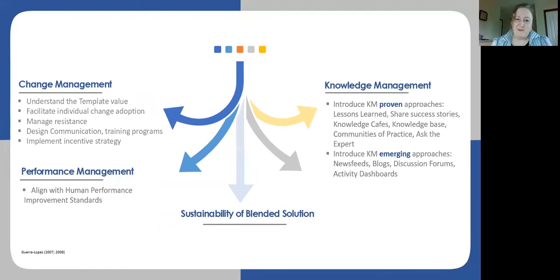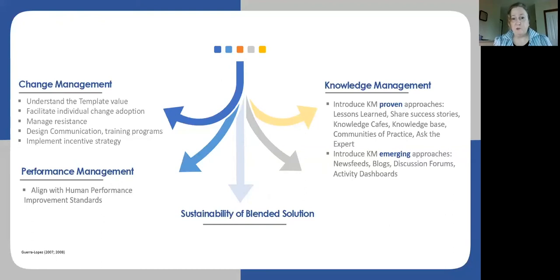So what did we look at in these three domains? We looked at change management, which is helping users understand the benefits of what we are trying to do, what the template value is. As with your bank application, anytime you open it, you see the same hyperlinks in the same place. It's just that sometimes you use all of them, sometimes not. The same concepts here, we try to apply commonly across all the areas that were involved in the design.